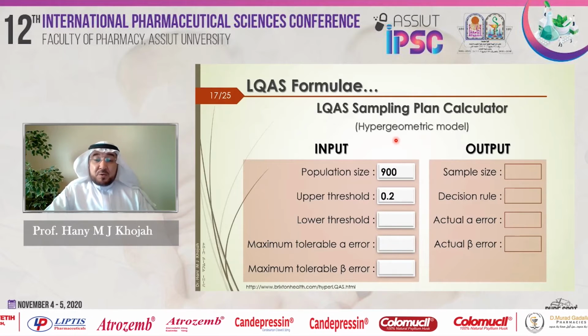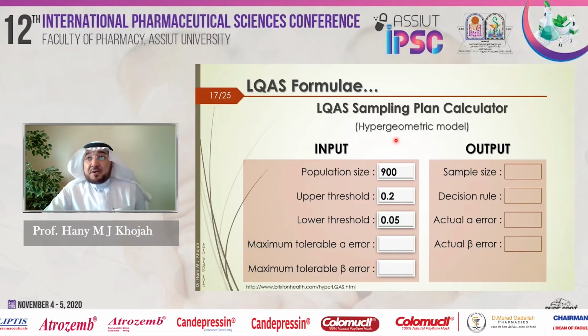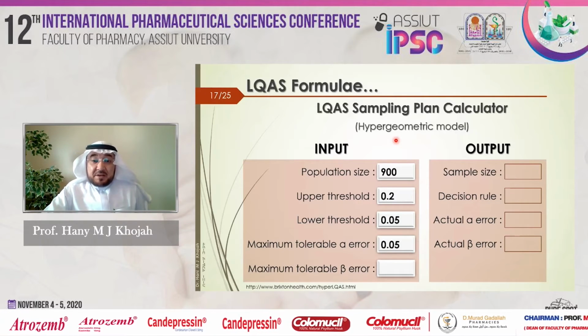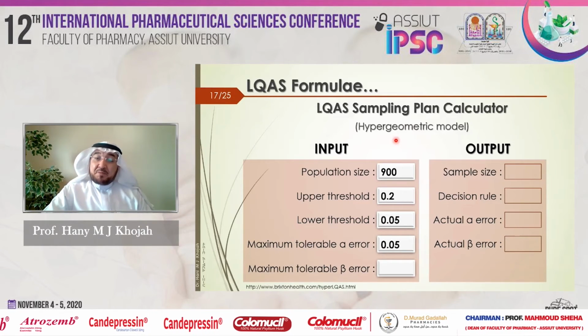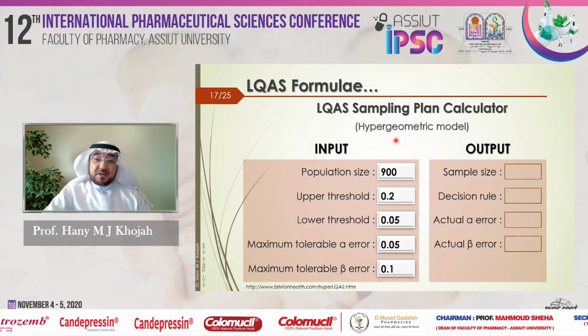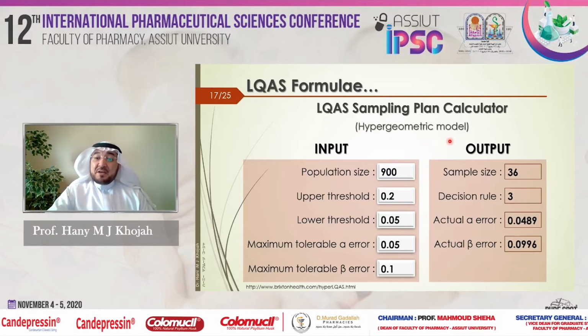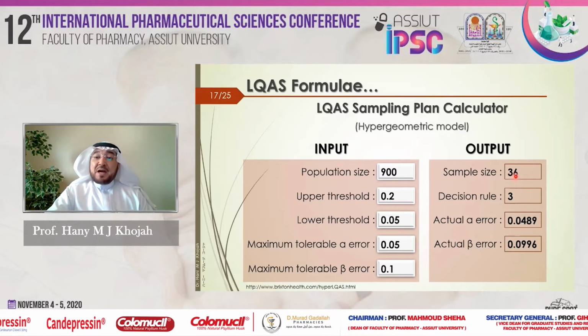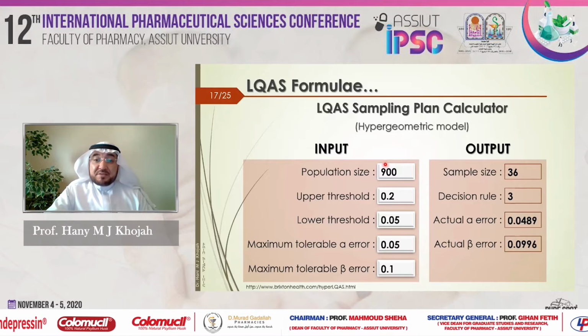The upper threshold is 20%, the lower threshold is 5%. The alpha error or the consumer risk here is 5%. The beta error or the provider risk is 10%. And automatically it will calculate the sample size. So I have to select randomly 36 pharmacies out of these 900.